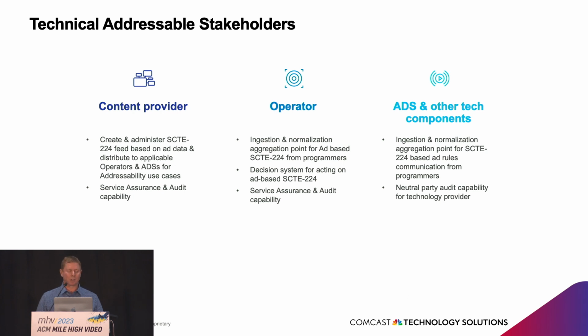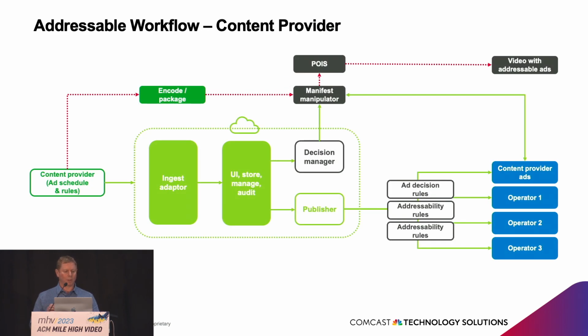The operators, like I talked about earlier, are really more about ingesting the SCUDdy 224 data, and then determining which ads are addressable and which ads are not addressable, and then the ADS systems and other ad technology companies that can use the 224 data to be able to increase the intelligence of the ad capabilities.